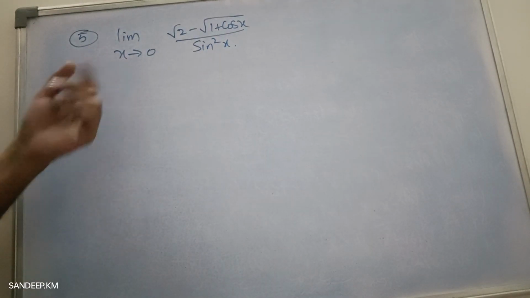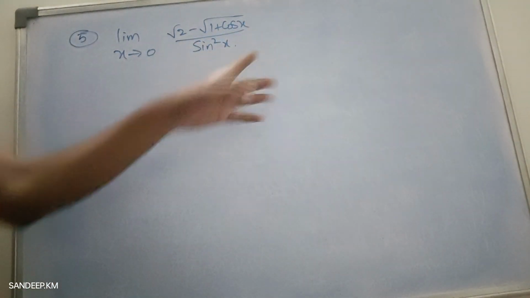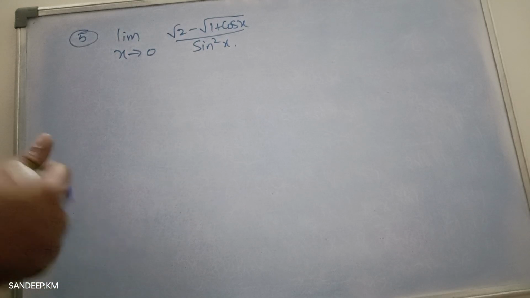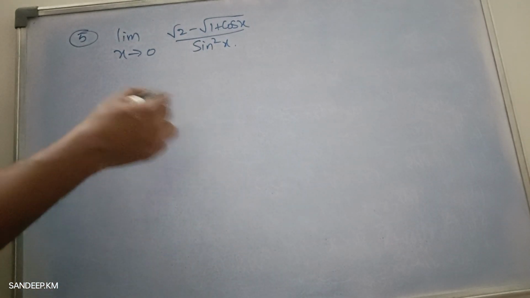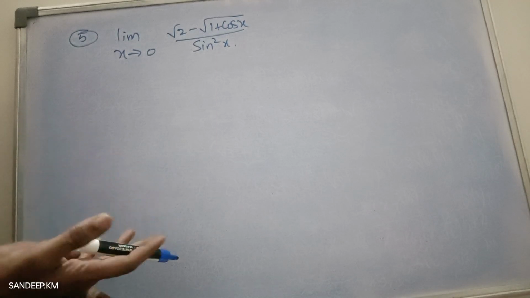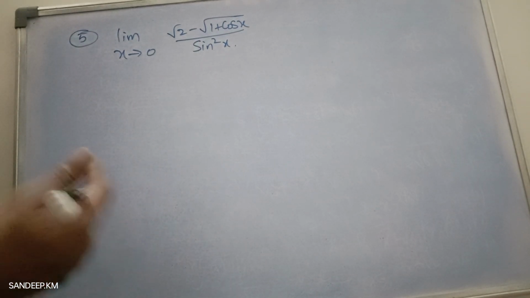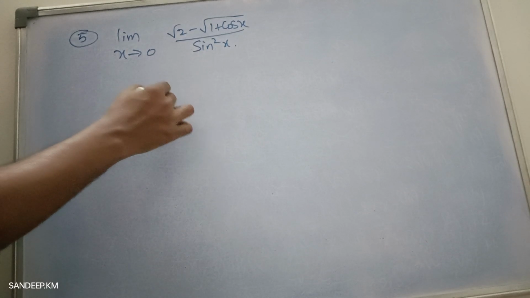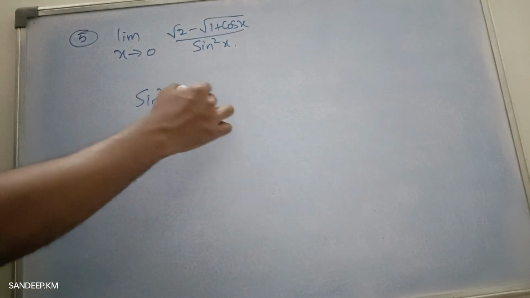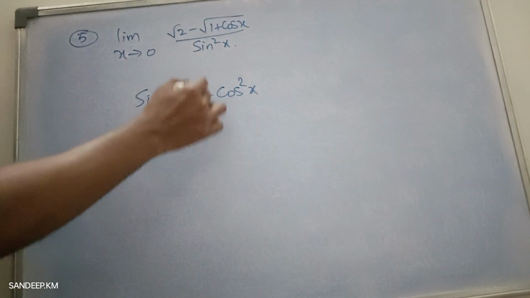Okay now, you can try the next question. You can try this particular question using the rationalization method, as obviously it is approaching 0 by 0. And in case you want a small hint, what I'm expecting is you know it and you also know what to do, but still in case you do not get the idea, understand sin square x will be 1 minus cos square x according to identity, and 1 means 1 square only.